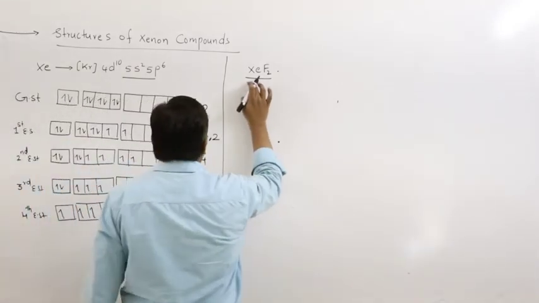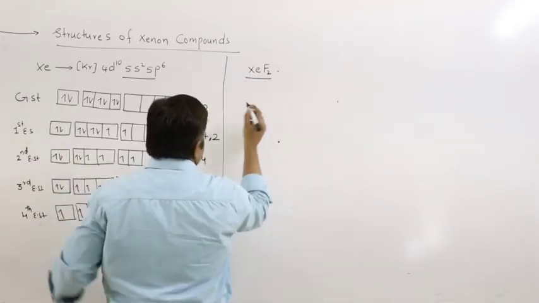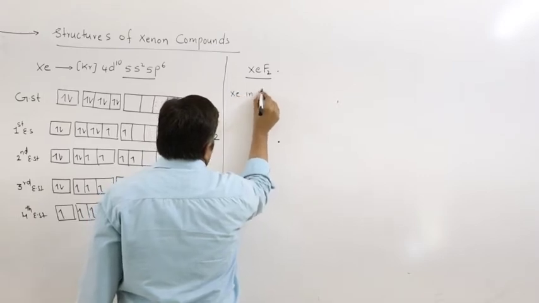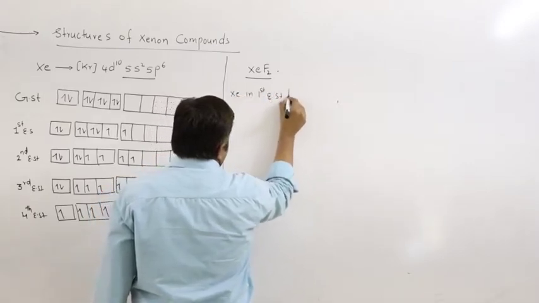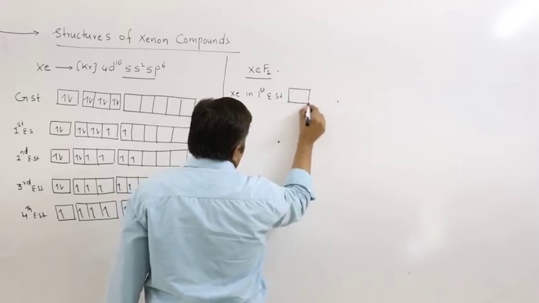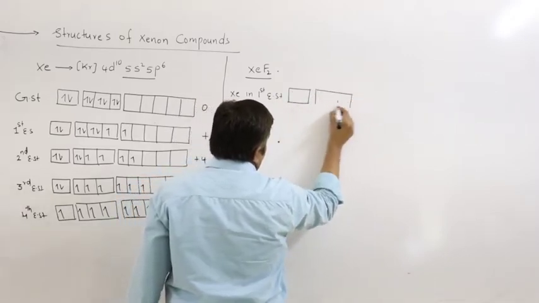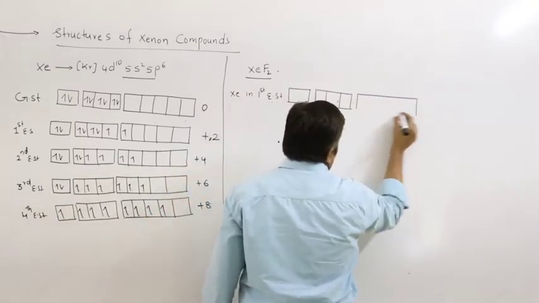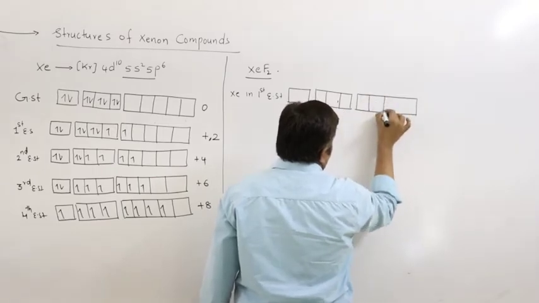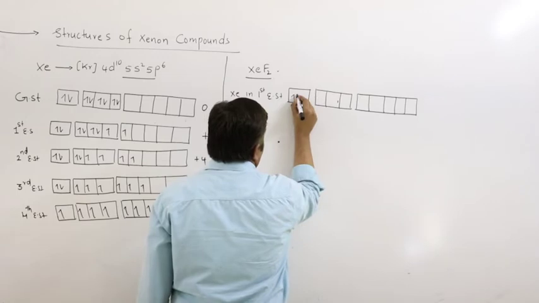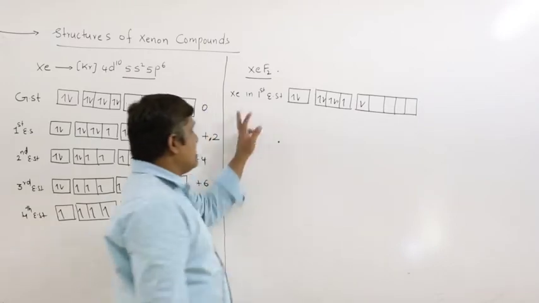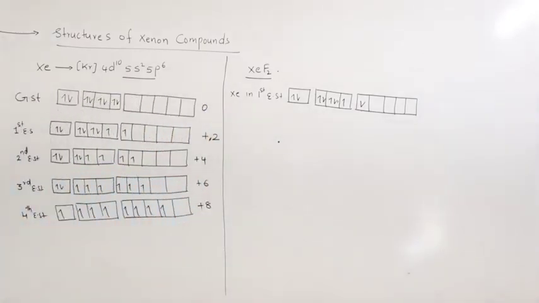Therefore in XeF2 xenon must be present in the first excited state. So in the first excited state xenon has 2 unpaired electrons.